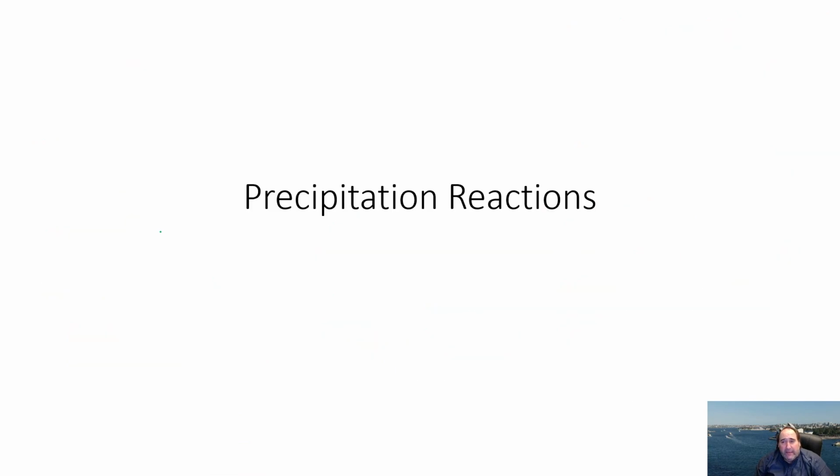All right, now we've got a little foundation on electrolytes. Let's talk about precipitation reactions. Precipitation reactions are reactions that produce a solid. So these are reactions that produce a solid. And what type of reactions are these?